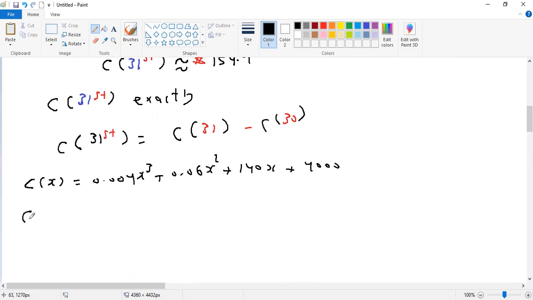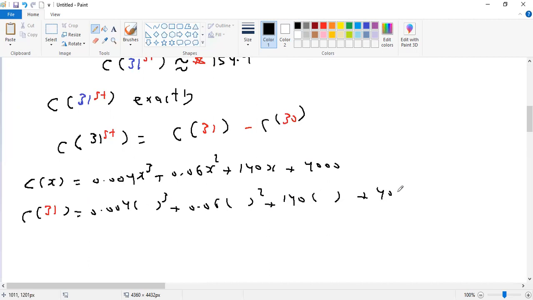So the total cost of producing 31 units, from 1 to 31, equals 0.004 times 31 cubed plus 0.06 times 31 squared plus 140 times 31 plus 4,000.